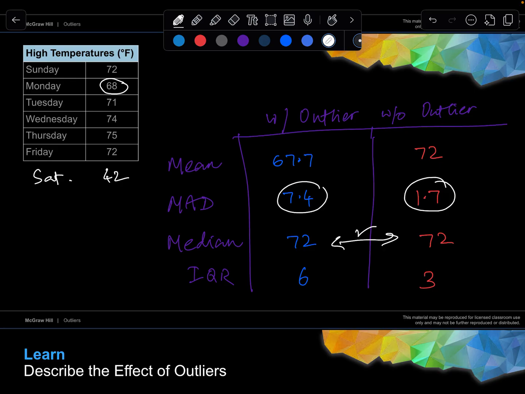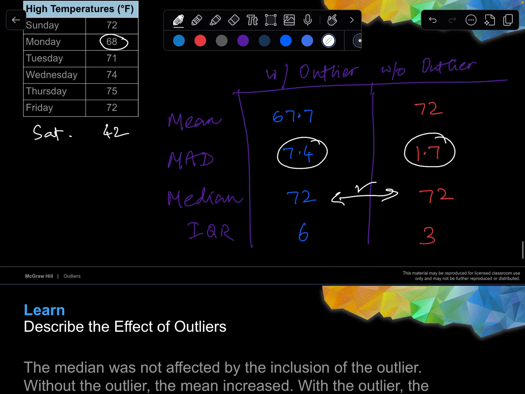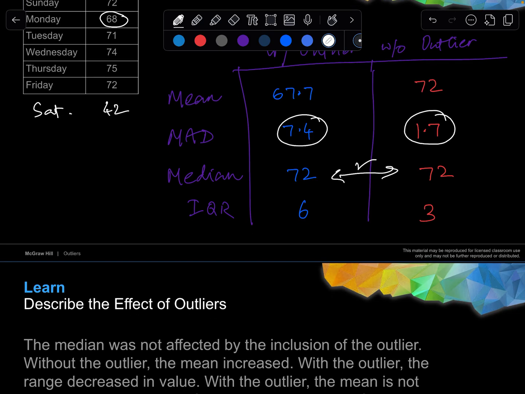Here, you have a lot more variation in the data just because of the inclusion of 42. Your IQR is 3, which means the spread of the middle 50% of values is a lot lower compared to this case, where your IQR is 6.